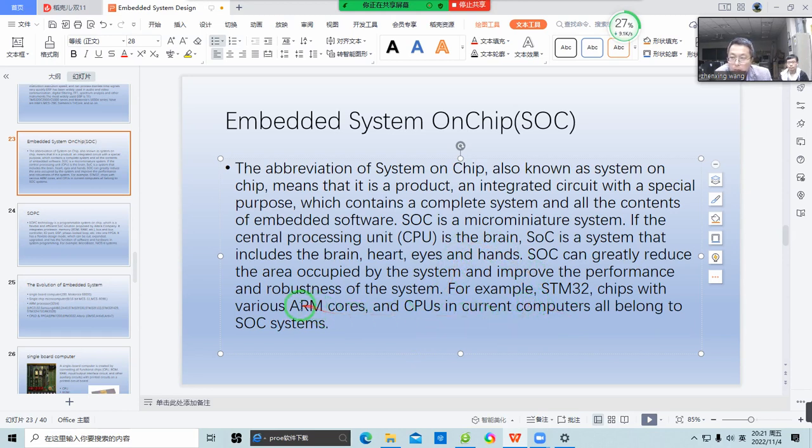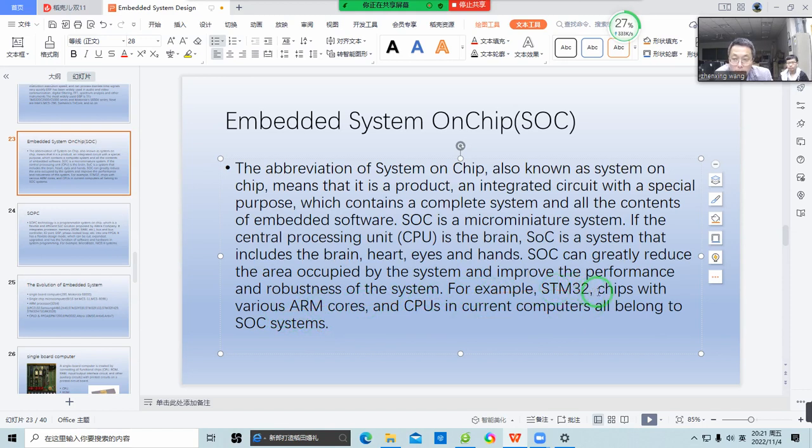STM32 is also an SoC. In this course, we will learn STM32. We will adopt STM32 to design different products. STM32 is a chip with various ARM cores.